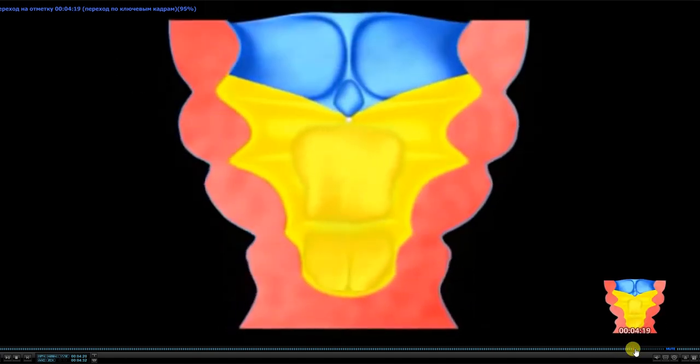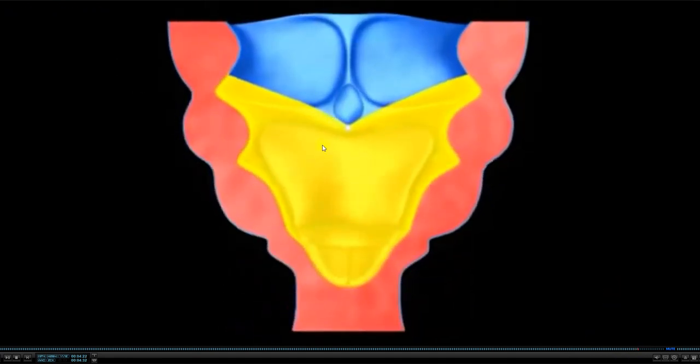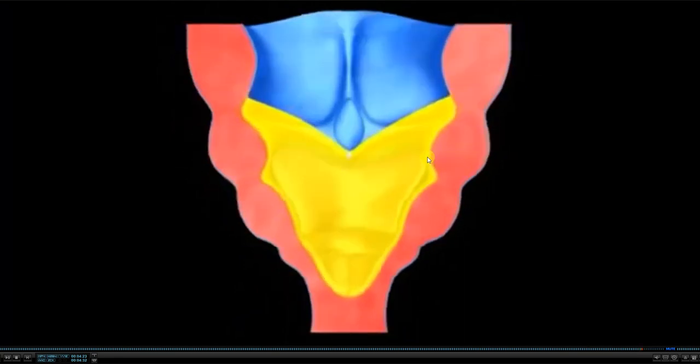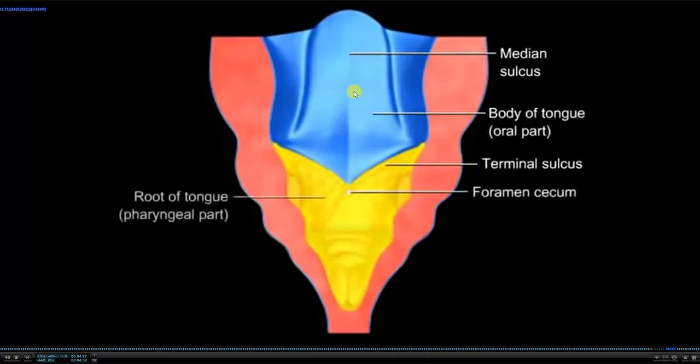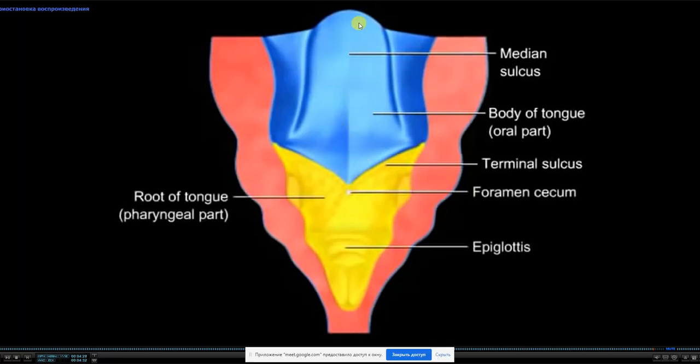Another topic. Now, which changes happen in the pharynx? In the pharynx, this ectodermal portion forms the body of the tongue, without mesoderm, without muscles. So all the non-muscular part of the tongue is made up of ectoderm.